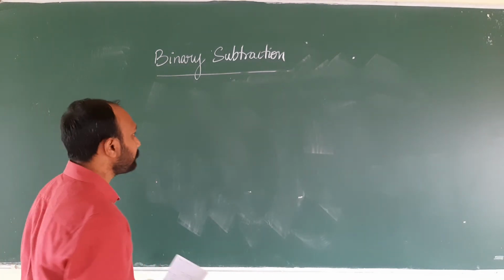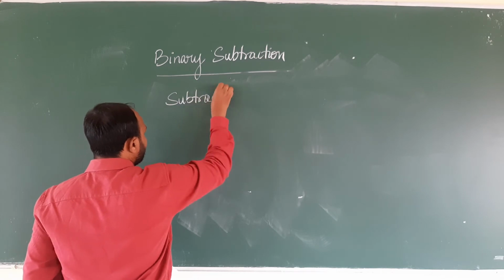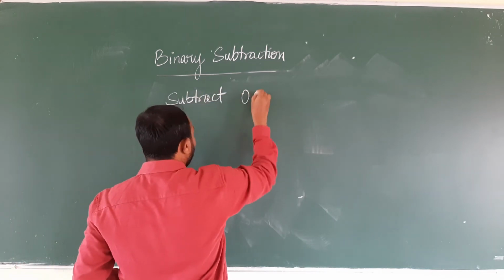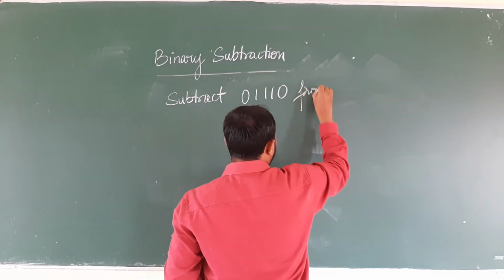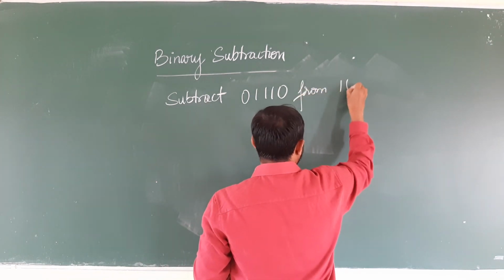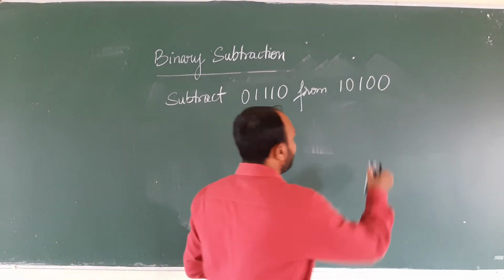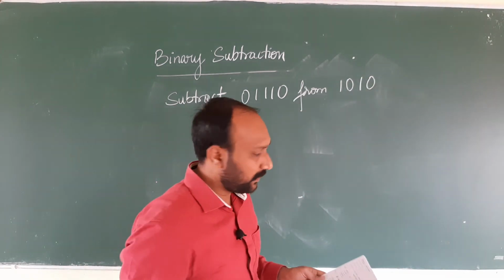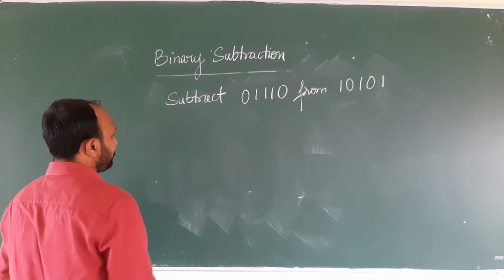Subtract 0, 1, 0, 1, 0 from 1, 0, 1, 0, 1. Okay, this is a little bit special. Please notice here.